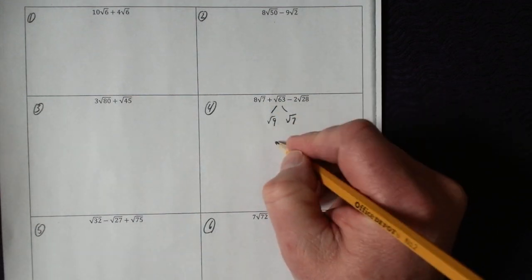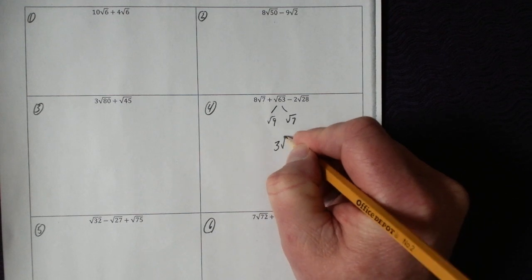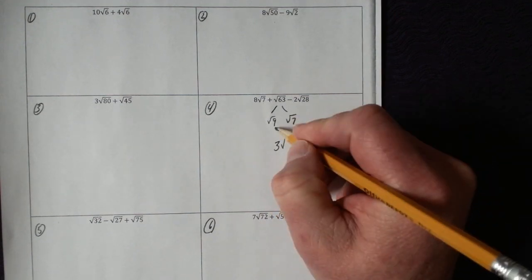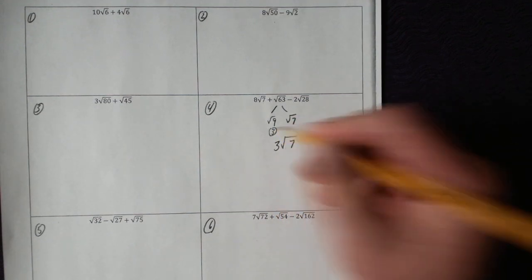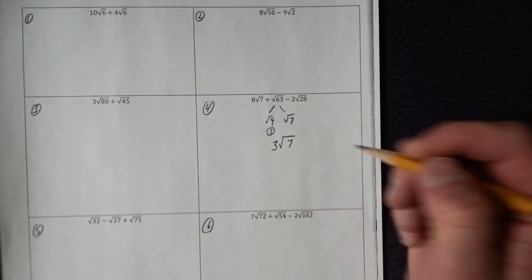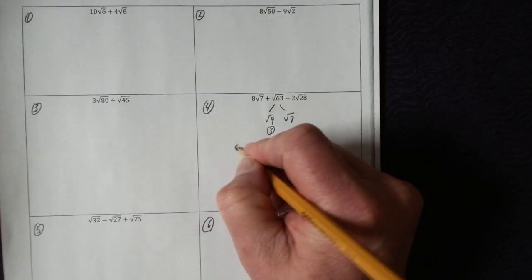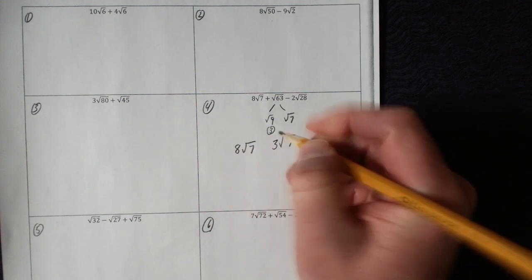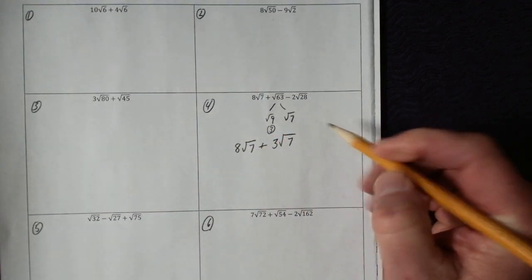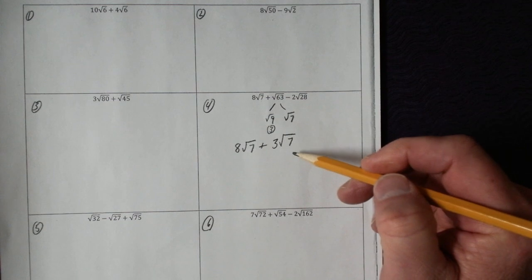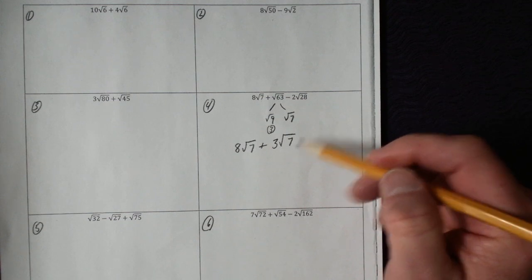So if I simplify this, the 3 comes out. Where did I get the 3? The square root of 9 is 3. I'm going to go ahead and bring this 8 down in the plus sign. So I simplified the 63 into 3 radical 7. Now let's come back up here.